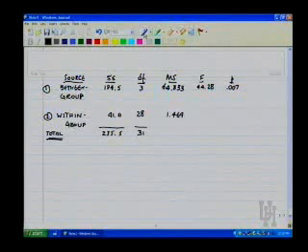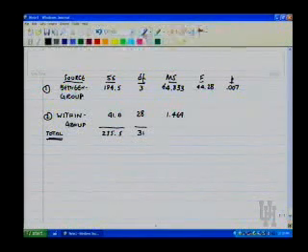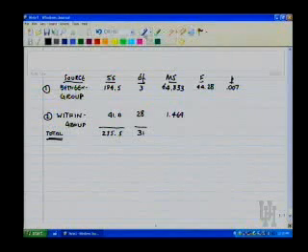Let me ask you, if we reject the null hypothesis, what would we conclude? That the level of watching TV does affect the level of aggression.